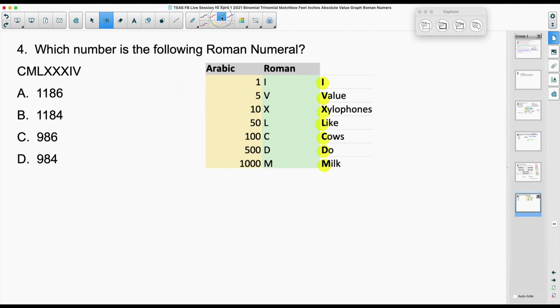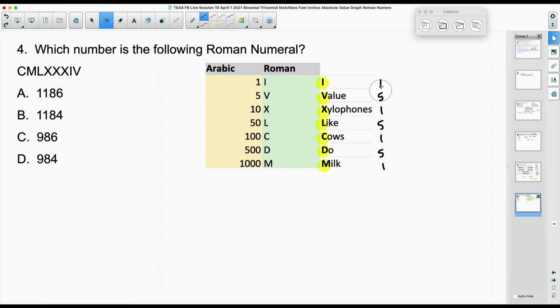Watch what I'm going to do. Notice the leftmost digit is either a 1 or a 5, and we have an alternating pattern. So I'm going to do 1, 5, 1, 5, 1, 5, 1. Not only that, I want you to notice the first two, the I and the V, they do not have a 0.